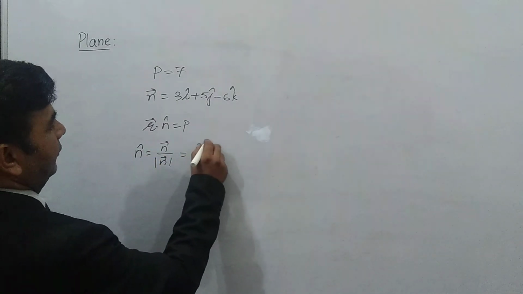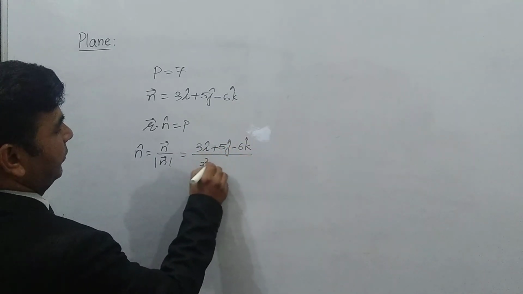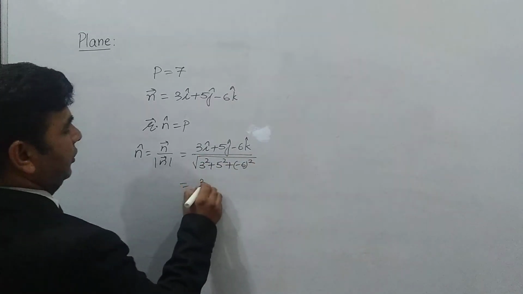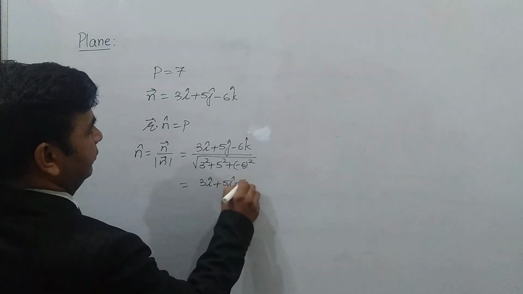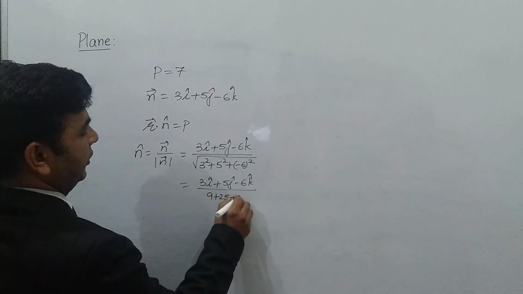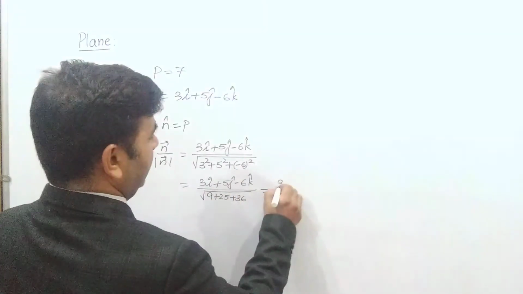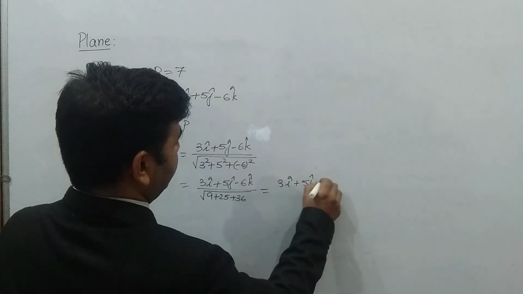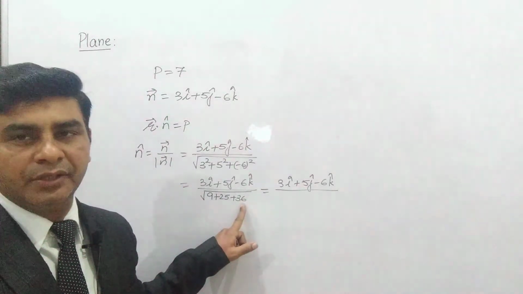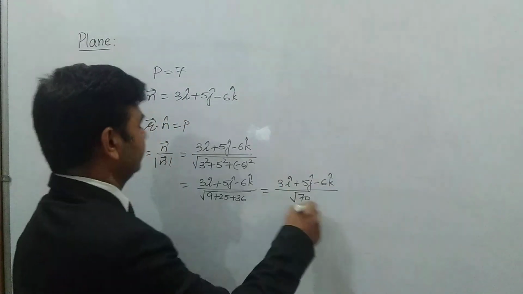So this is 3i cap plus 5j cap minus 6k cap upon the root of 3 square plus 5 square plus minus 6 square. 3 square is 9 plus 25 plus 36 under the root, which is 70. So this is 3i cap plus 5j cap minus 6k cap upon root 70. This is your n cap.